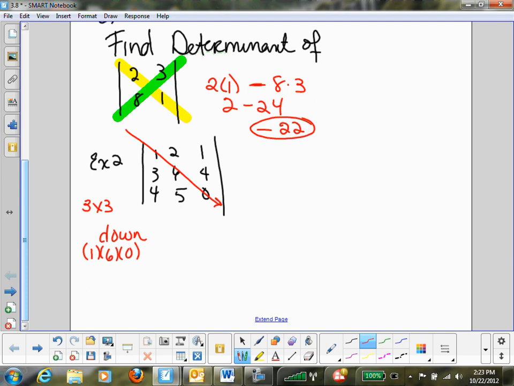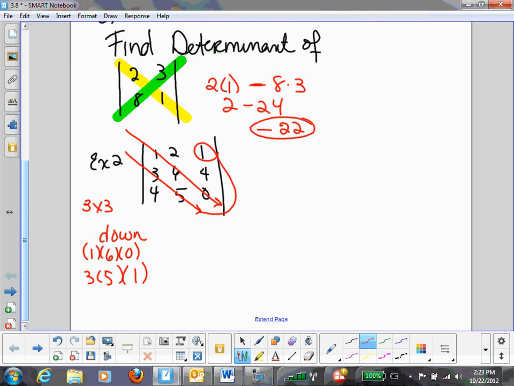So now I'm going to go 3 times 5 times, I loop around and pick up the 1. I've got to have 3 elements that I'm multiplying together. So 3 times 5, and where do I find my third element? Up here at the 1. Because we don't ever get them on the same side of the main diagonal.